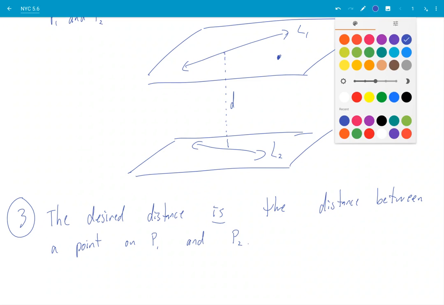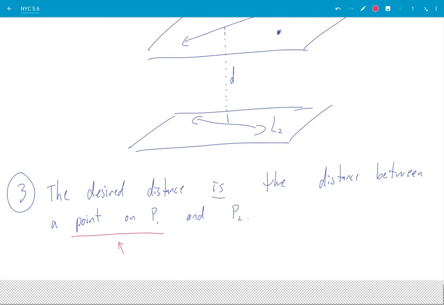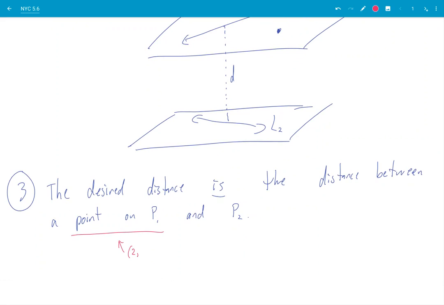So we can choose this point. We'll choose that to be 2, 1, 1. And then we'll find the distance between 2, 1, 1 and P2.